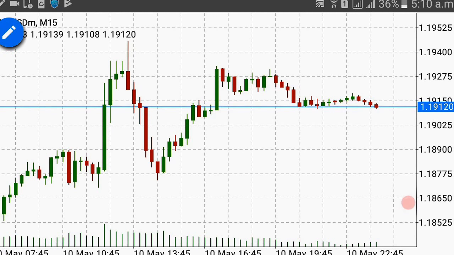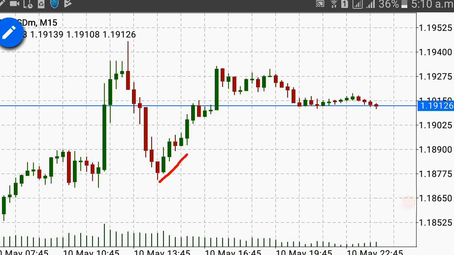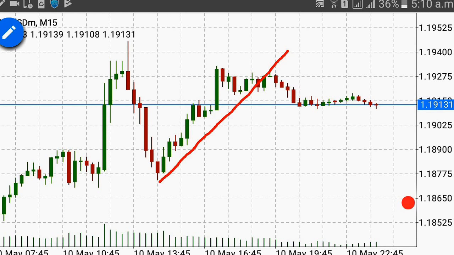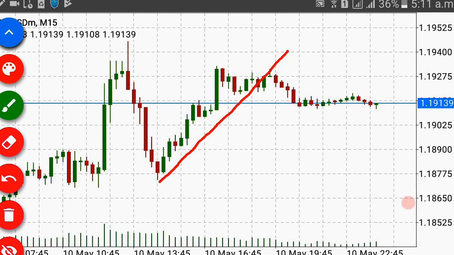Then the second angle, I think this will be a good example of the second angle. It is roundabout a 45-50 degree angle. So any pair trading above this angle, you just have to draw an imaginary angle. These are three imaginary angles, not the traditional trend lines. So keep that in mind. So this is the example of the type 2 buying angle.